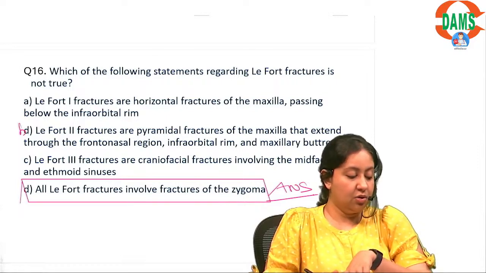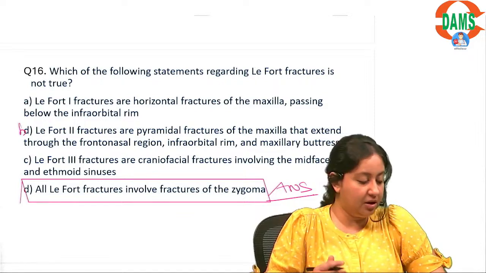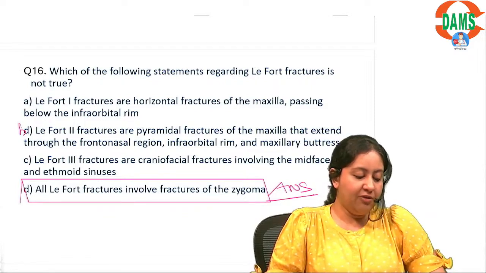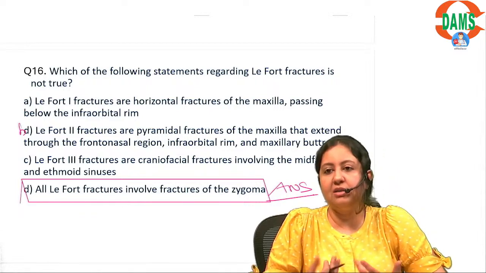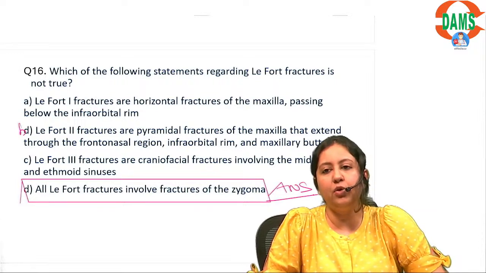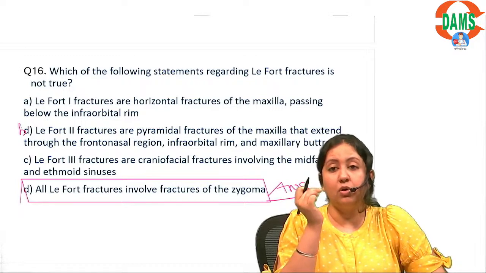So option B, you have answered well. Le Fort 2 fractures are pyramidal fractures of the maxilla that extend through the frontonasal region, infraorbital rim and maxillary buttress. This is a correct statement. That is how a Le Fort 2 line travels. From the frontonasal region, it may or may not involve the frontonasal suture.